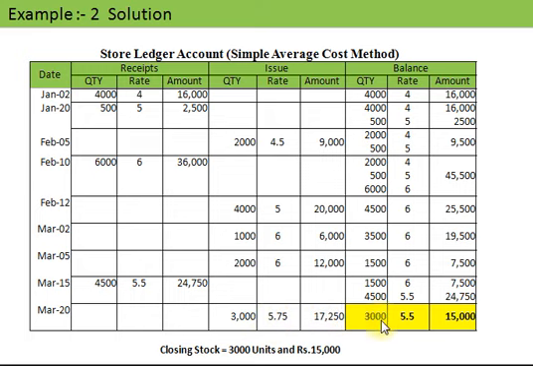So our balance units will be 3000, rate rupees 5.5, and amount will be 24,750 plus 7,500 minus 17,250 is equal to 15,000. So our closing stock by the simple average cost method would be 3000 units and the amount rupees 15,000. That's all.